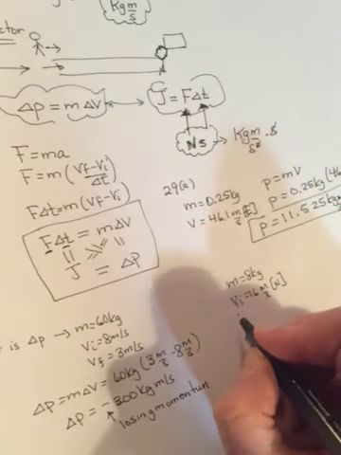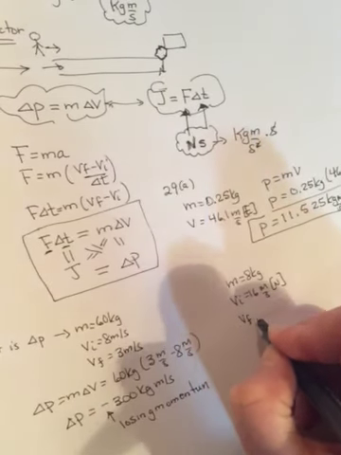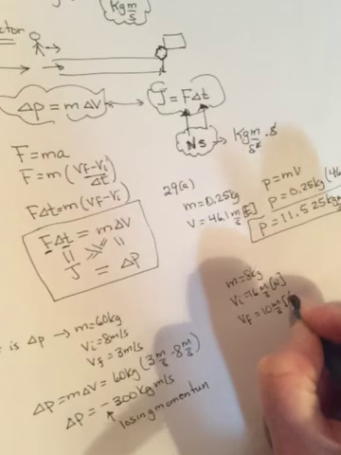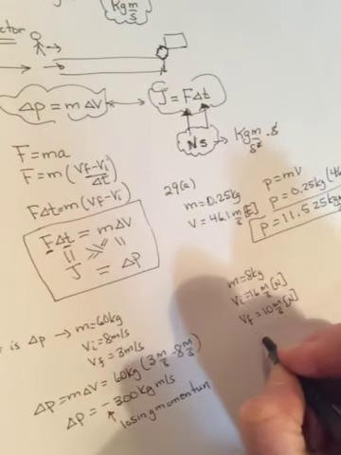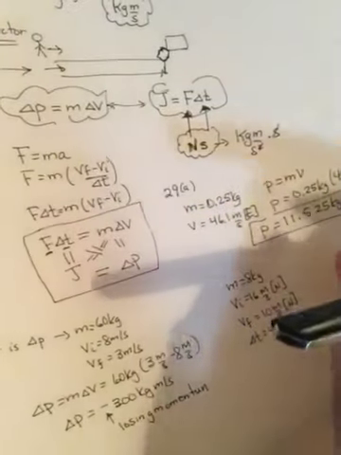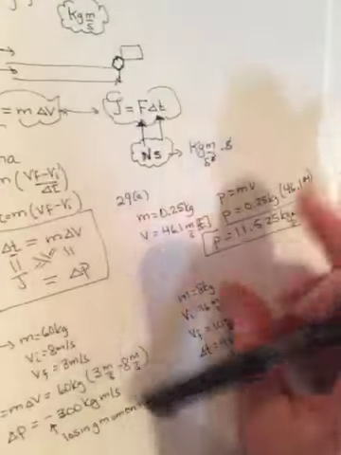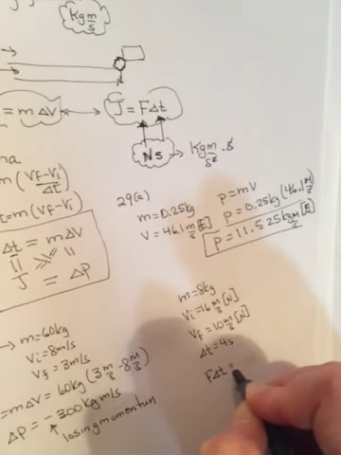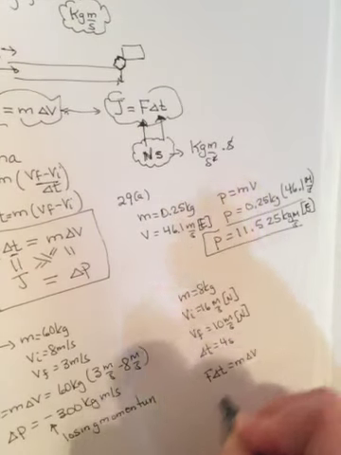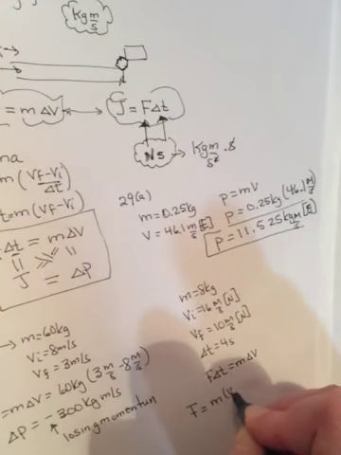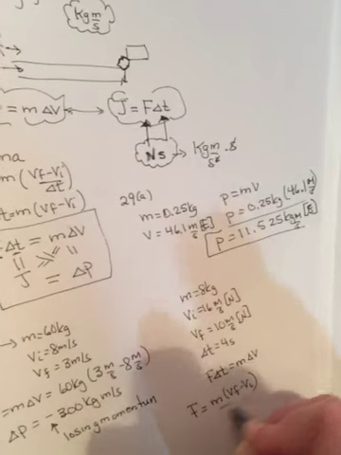When it slows down to 10 meters per second north, so vf is 10 meters per second north, in 4 seconds, delta t is 4 seconds. And the question might be, what force was required to do this? So we know that F delta t is equal to m delta v. So F is equal to m times vf minus vi, over time.